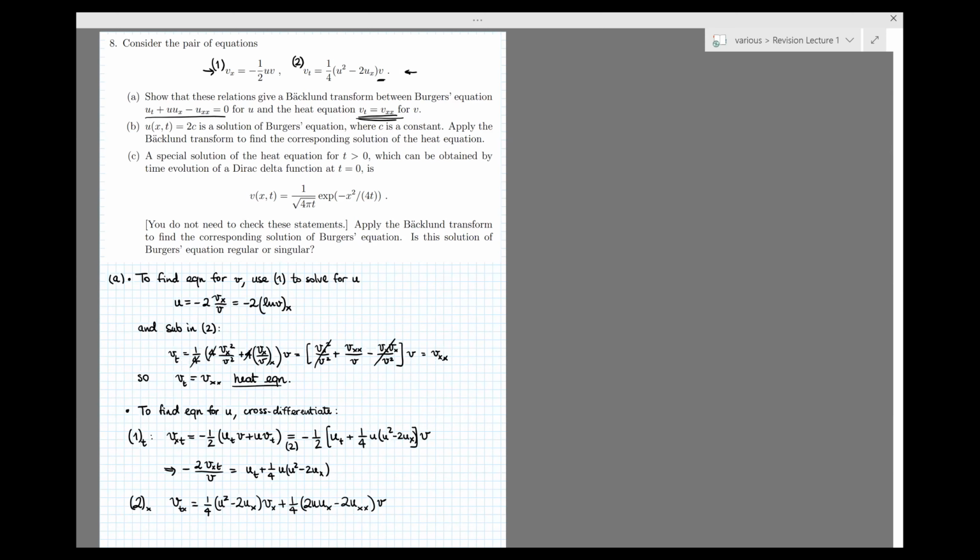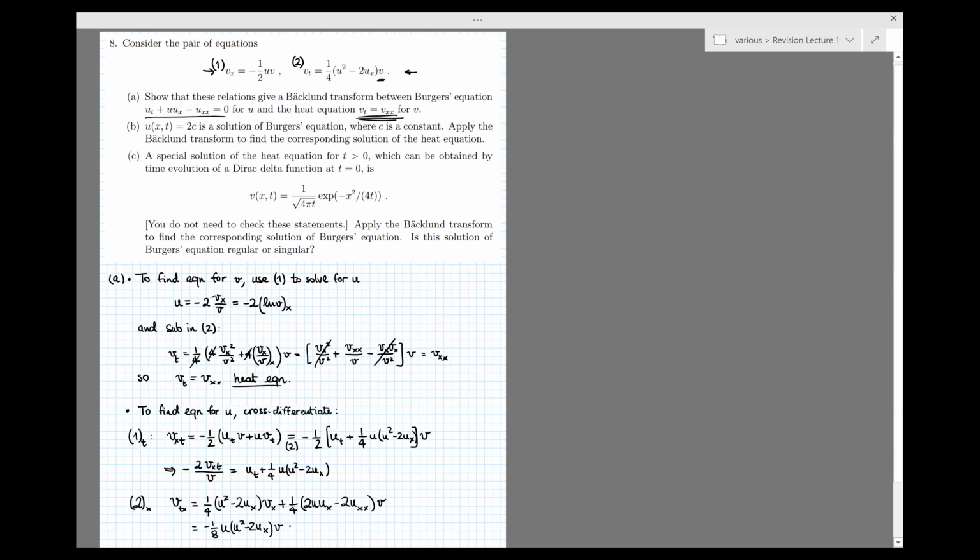So next, I can use equation 1 to express Vx in terms of U and V. And so we get minus 1/8 (U squared minus 2Ux) times U times V from the first term.